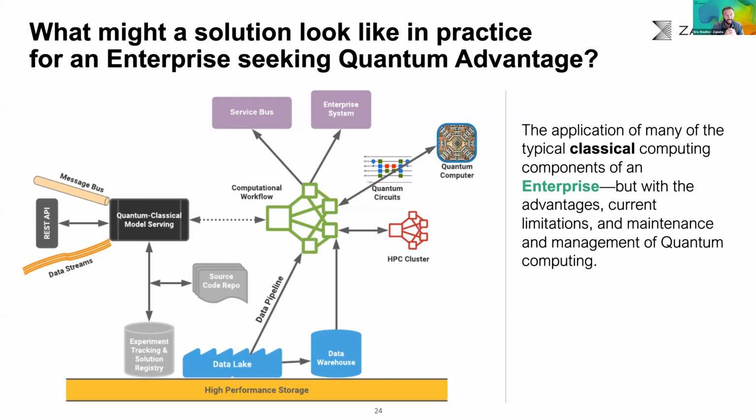Obviously, in many cases, we're dealing with a large volume of data, and our computational tasks can be very intensive prior to even running a quantum circuit. And so we may have our computational workflow and also offloading some of the data pipeline activities to, say, an HPC cluster or even a supercomputer in some cases. Next, please.